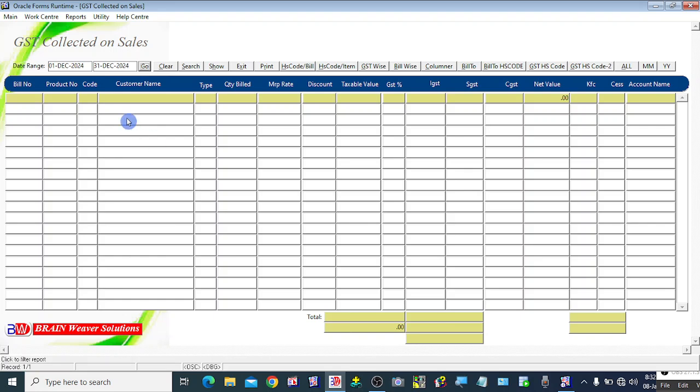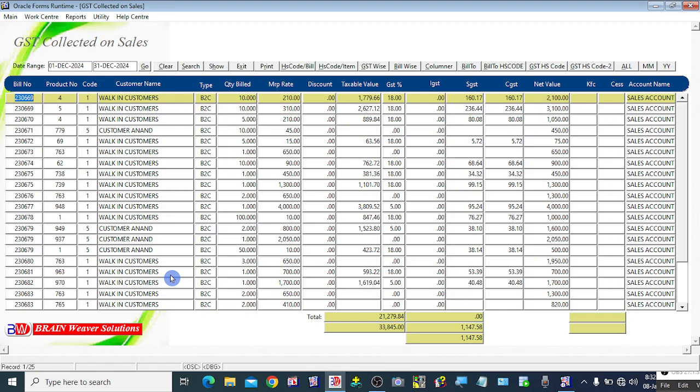Suppose during this period I want to generate the GST reports on sales. If you want to see the report on the screen, you can click this Go button. The system will generate the GST reports on the screen. Different templates are available here. Means you can generate a pivot table or Excel pivot table based on the GST percentages of the product.